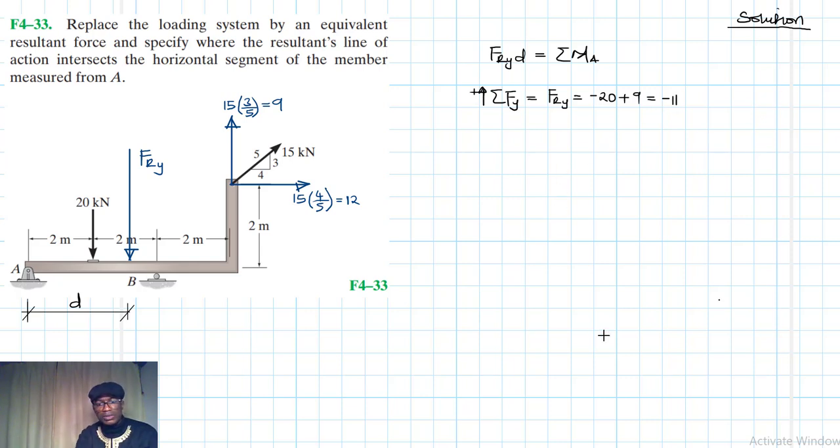Yeah, it's minus 11. Minus 20 plus 9, that's minus 11. Then we have summation of forces in the X going in this direction, of course, is also equal to FRX. This is equal to just 12.